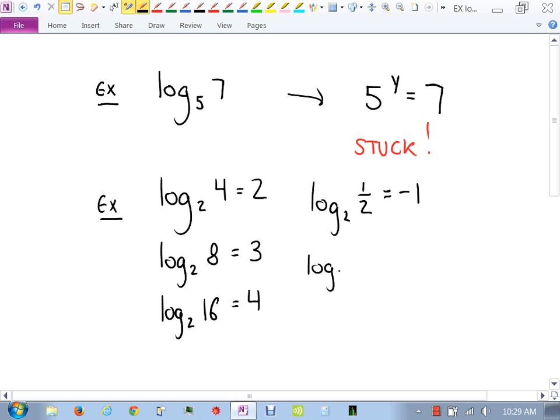What would log base 2 of 1/4 be? 2 to what power is 1/4? -2. Are y'all kind of seeing this or not? How about log base 2 of 1/8? What would that be? -3. You see how this is kind of working?